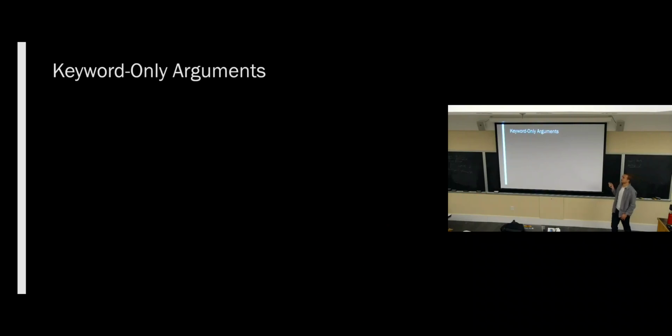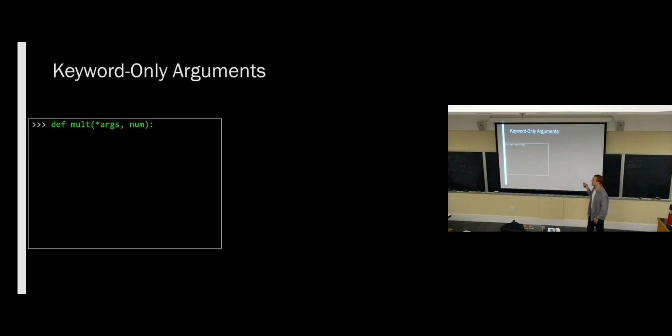All right, keyword only arguments. This was written when Python was 3.6. Again, this might have changed very recently, but you can still do it. The syntax just might be slightly different. Let's say we switch the order of the parameters here. Before we had num and then star args, and then the exact same code, we return num. We multiply these things.